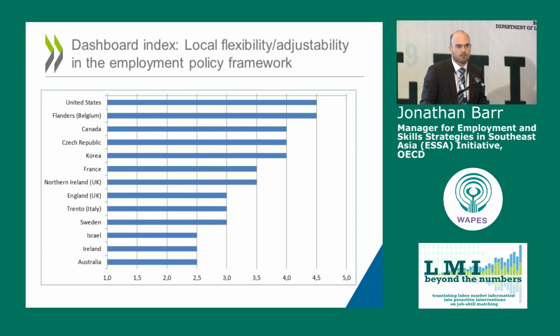And when we talk about flexibility, what we mean is how much room for maneuver is there at the local level for public employment services to change their strategic approach, to change their program design or eligibility criteria as it comes down from national programs? Are they able to have some sort of influence on the performance management arrangements or on the way outsourcing is undertaken? So here you can see results from an indicator that we've developed looking at this issue.